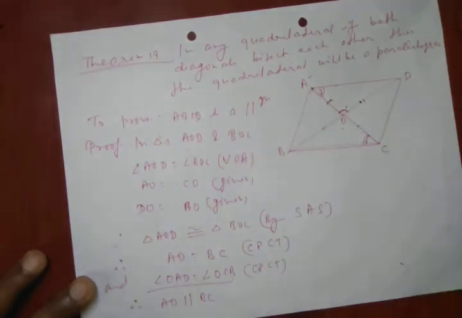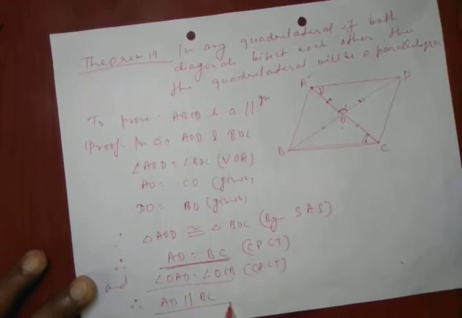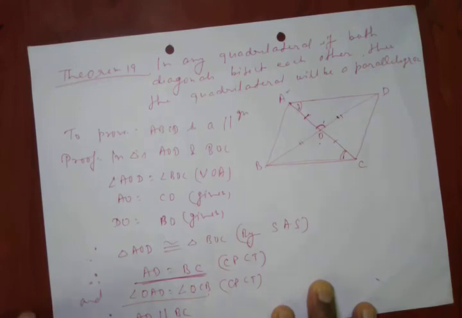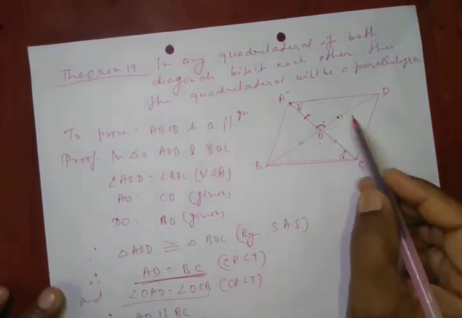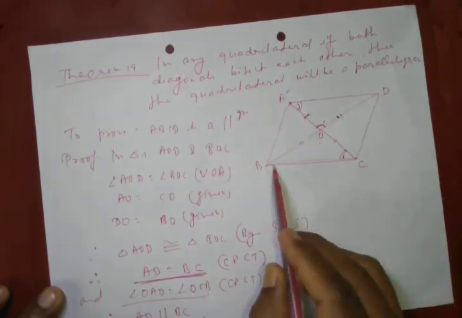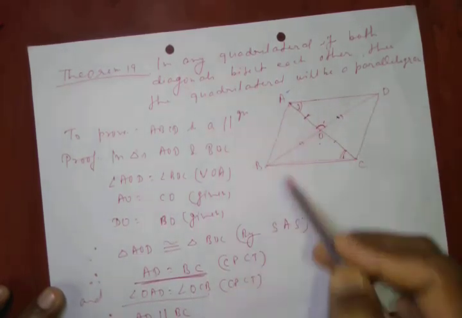So what happens now is that AD equal to BC and AD parallel to BC. In this we have proved that one pair of opposite sides are equal and parallel. That is one pair, AD and BC are equal and they are also parallel.